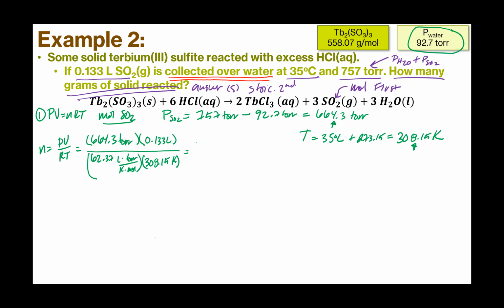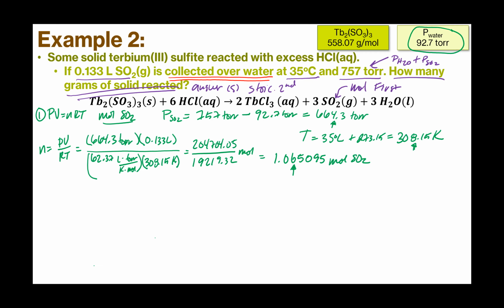When we multiply the top, 204,704.05, and we multiply the bottom, 19219.32, this is moles. When we divide them, that's 1.065095 moles of SO2 with 3 significant figures.